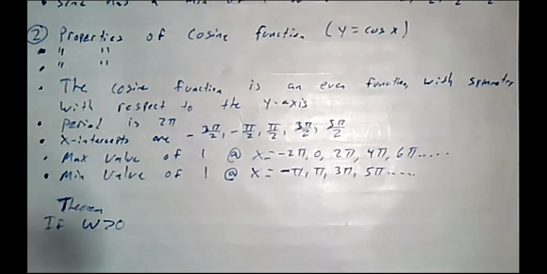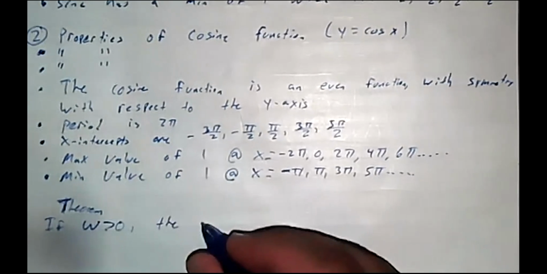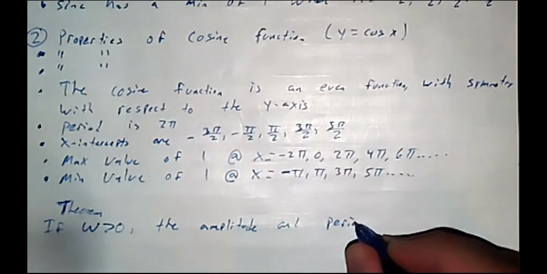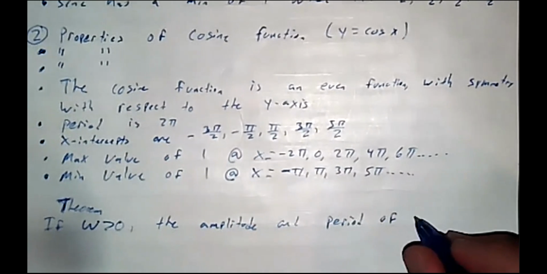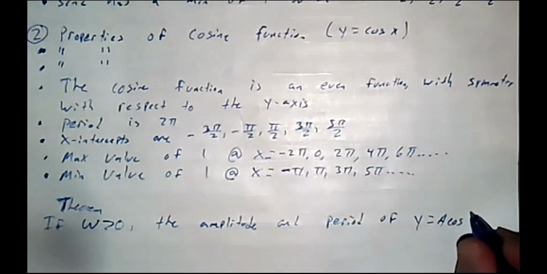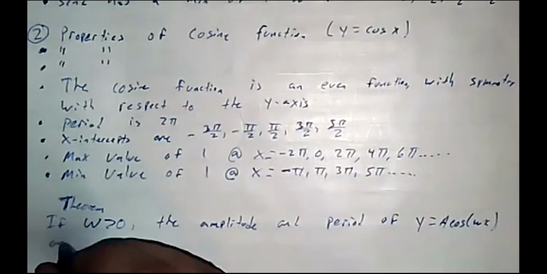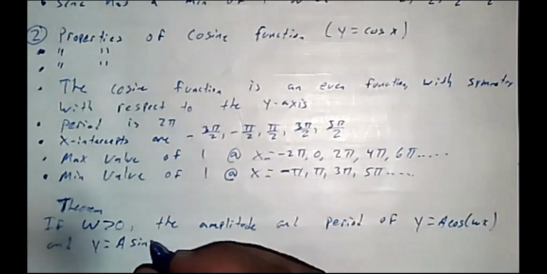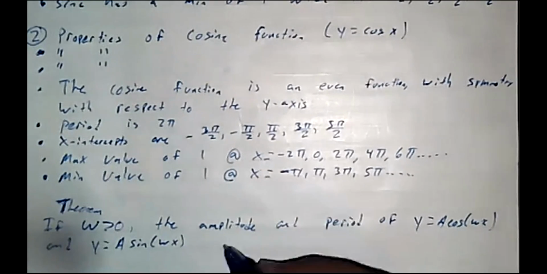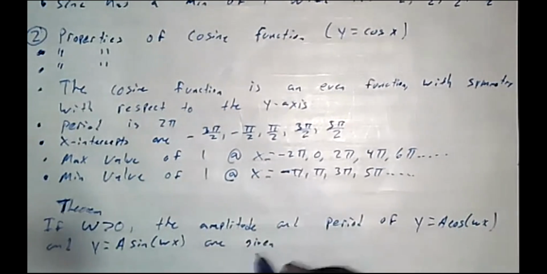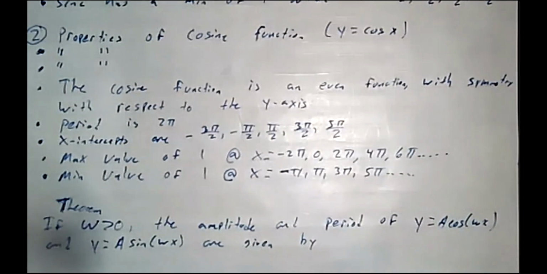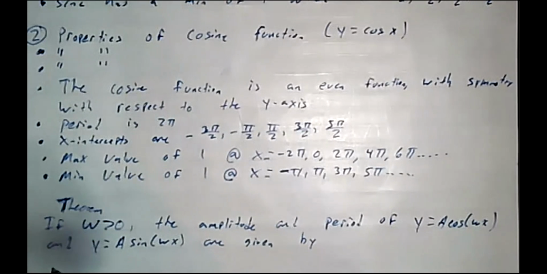Looks like a W. So if omega is greater than 0, the amplitude and period of y equal a cosine of omega x, and y is equal to a sine of omega x are given by this.